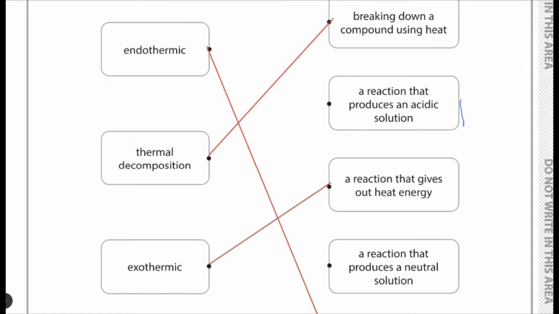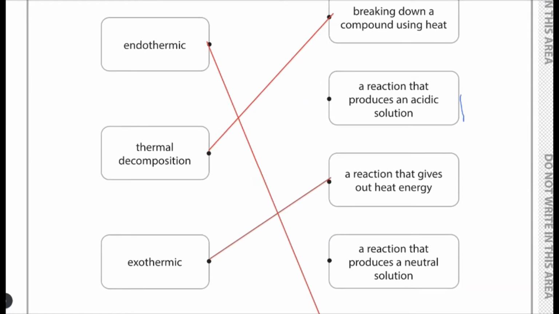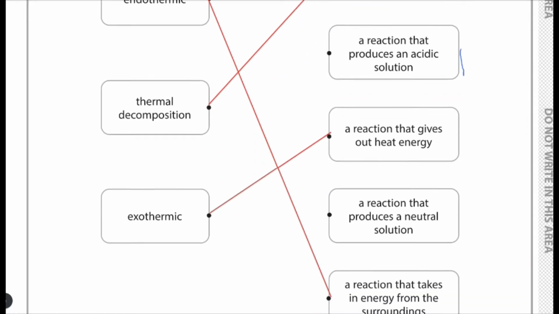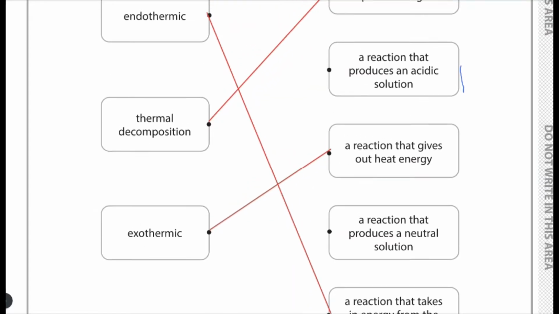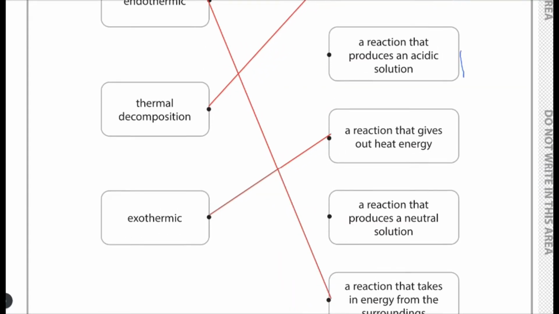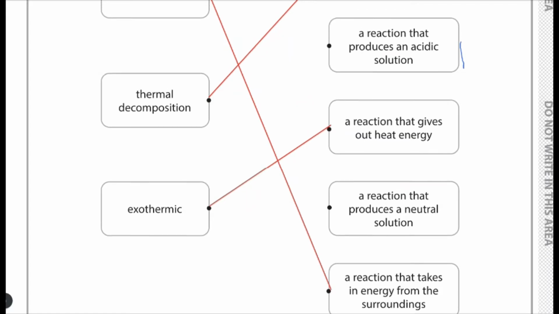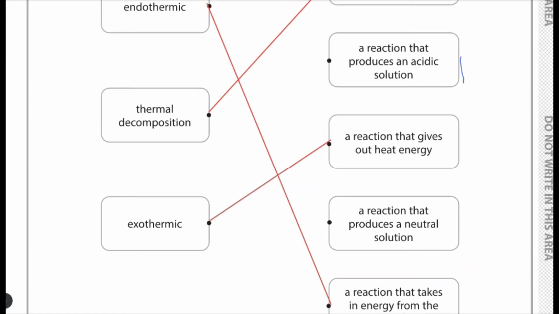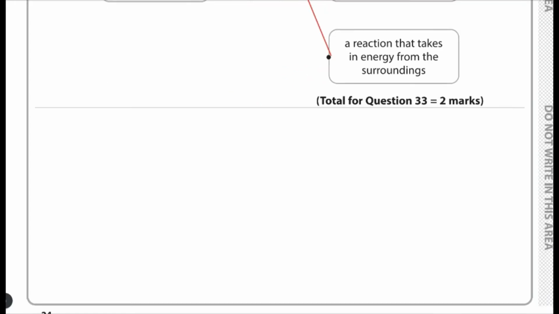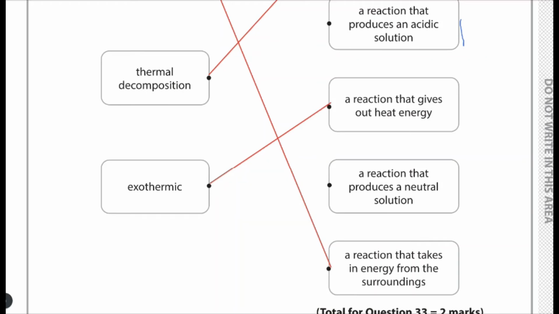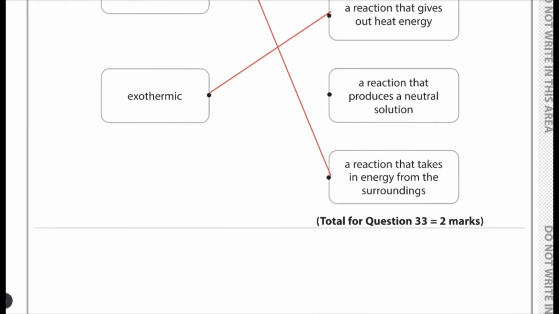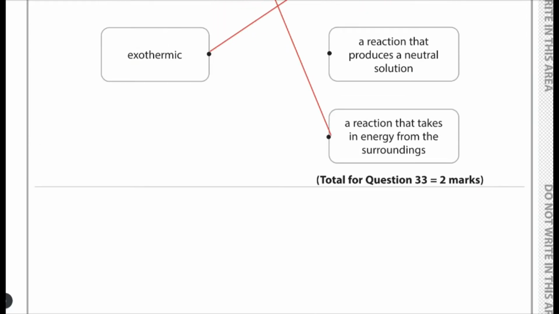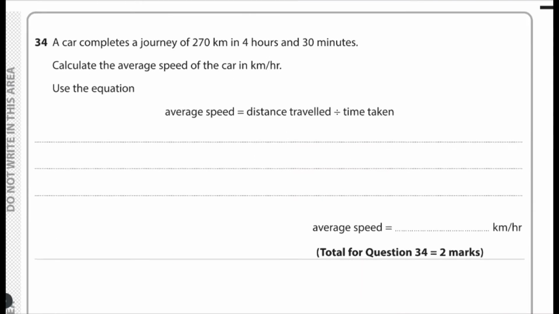Okay, so breaking down the compound using heat is thermal decomposition, a reaction that takes in energy from the surroundings is endothermic, and a reaction that gives out heat energy is exothermic. Talk about a reaction that produces a neutral solution. When you mix acid and alkali together, a neutral solution can be created. We call that the neutralization process.